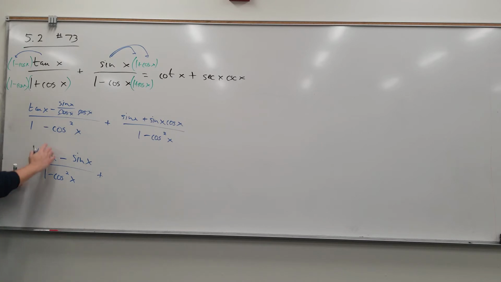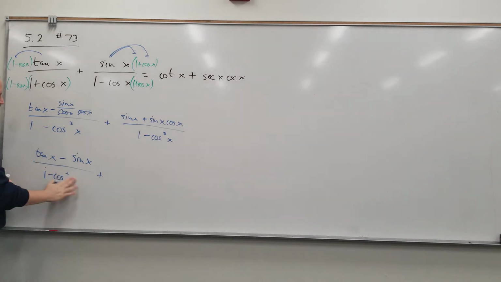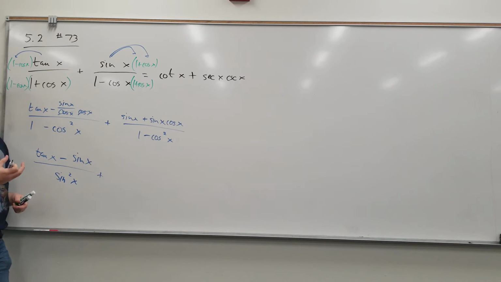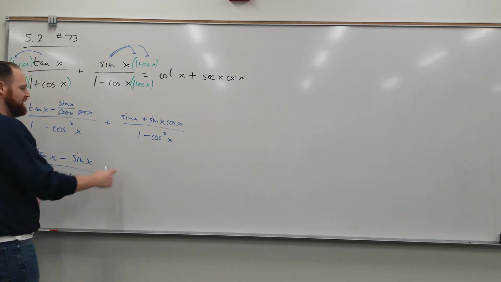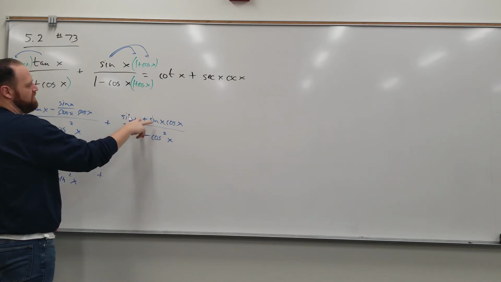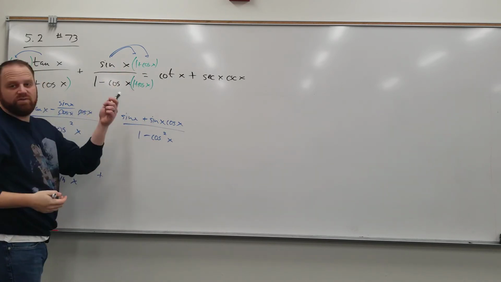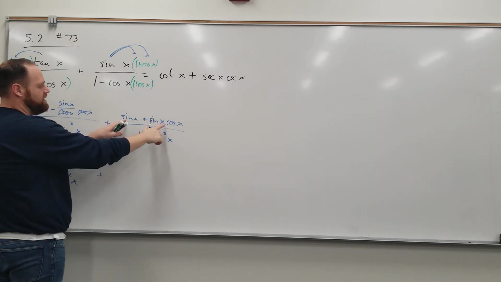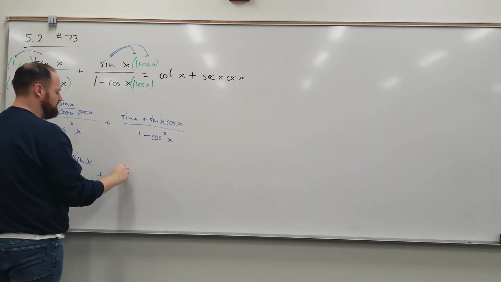And in fact, I'm going to change the 1 minus cosine squared x into the sine squared x now. It's just nicer to have a denominator that has a single term instead of 2 terms, right? If you can make it 1 term instead of 2, I think that's generally speaking a win. And then here, well, I don't really know. Maybe it would have been better not to have distributed that sine in the first place, but we'll see.